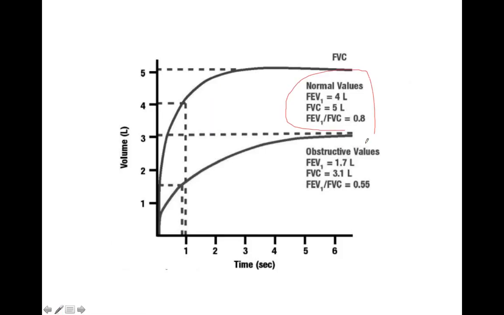These values you can remember. In obstructive disease it is decreased. You don't have to remember the other values, just remember the ratio will be less than 80%. This is the picture you will see in obstructive lung disease. Clear?